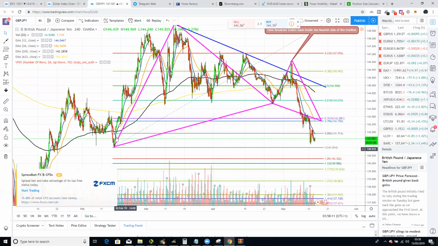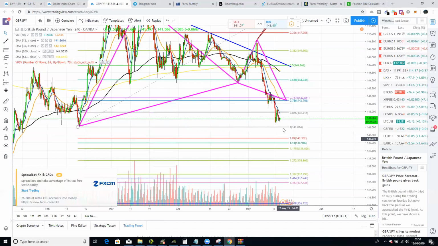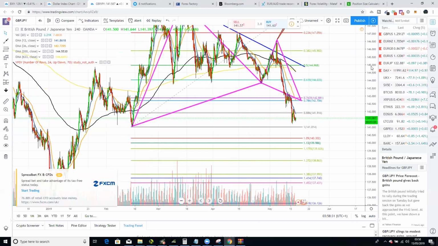All right, the stop is just below the X point. Does it mean that things can get there? Probably. Does it mean that when price gets there, it will reverse? Probably. But in this case, we've lost the 78.6 on our Gartley pattern. So all we can do is just wait and wait and wait.